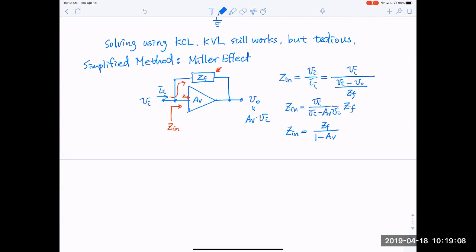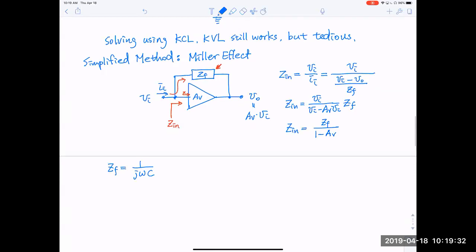Okay. So now let's turn our attention to the capacitance. This is an area where it has the most impact. So now let's consider ZF equal to 1 over j omega C. It will be CGD, but let's just say it's a capacitive load. So 1 over j omega C, all right?